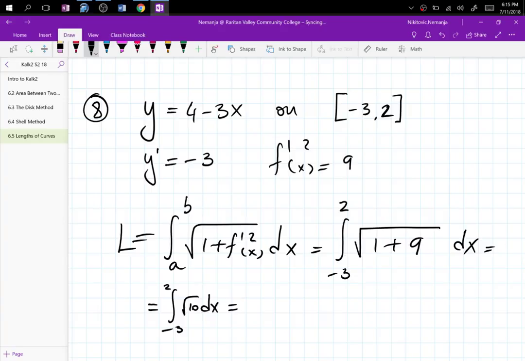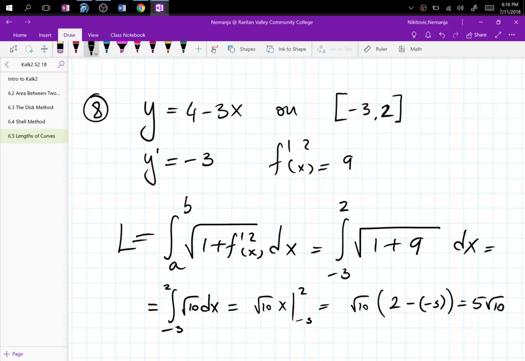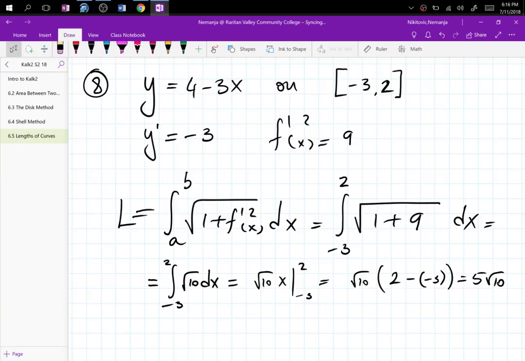And it's the square root of 10 x from -3 to 2. That's root 10. And then I have upper limit is 2 minus the lower limit -3 gives me 5 root 10. So the length of this curve is 5 root 10.